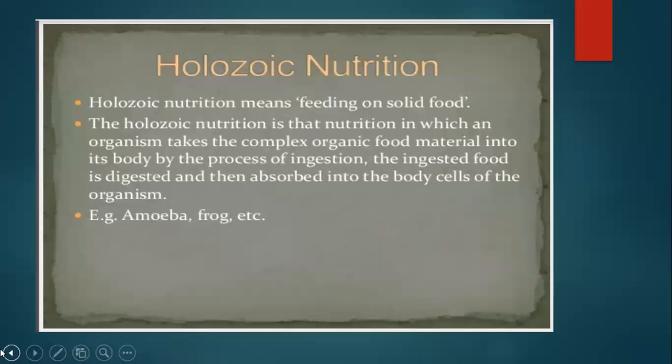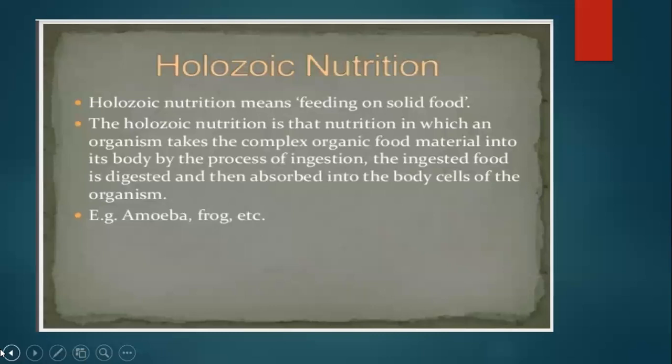The undigested and unabsorbed part of the food is ejected out of the body of the organism by the process of egestion. Human beings and most of the animals have holozoic mode of nutrition.